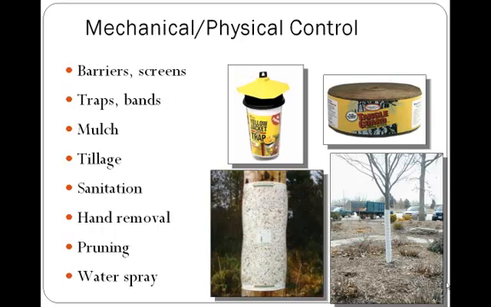And so what they did was just put bands around half the trees and then left the other trees open. And what they found was just by excluding the ants, the aphid populations crashed. And they weren't an issue anymore because the ants weren't there to protect the aphids. And on the trees where they let the ants go up, those aphid populations stayed abundant. So cool stuff like that.